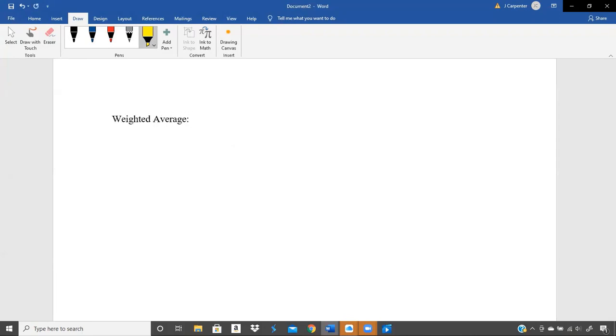We said that the weighted average formula is a bunch of sums in the top and a bunch of sums in the bottom, but there's also products in the top. So we said that the weighted, oops, I want highlighter.